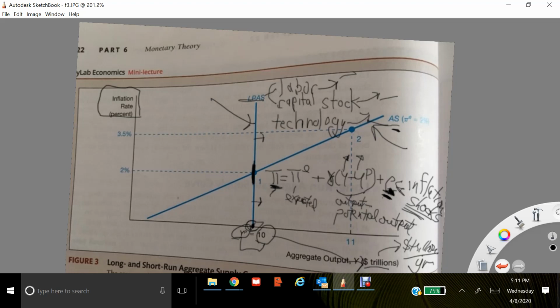If that is happening, we can imagine that would result in inflation increasing.